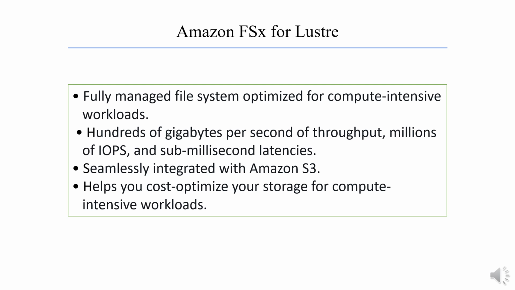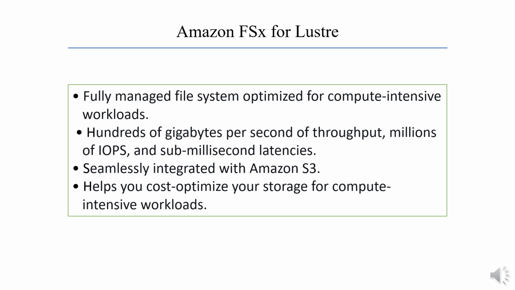Amazon FSx for Lustre. Amazon FSx for Lustre is a fully managed file system that is optimized for compute-intensive workloads such as high-performance computing, machine learning, and media data processing workflows.